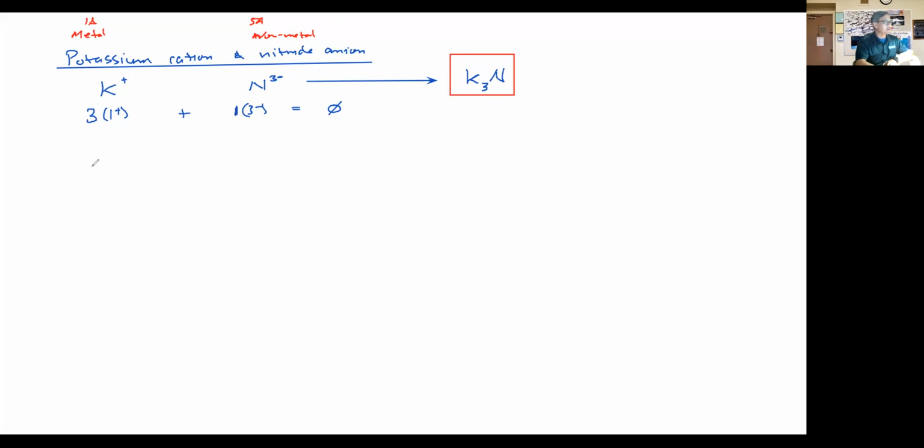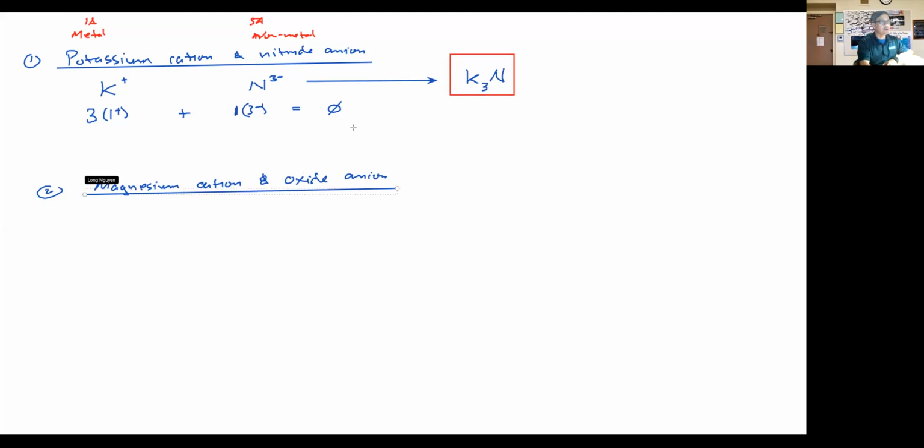What's the formula for the compound that will form between the magnesium cation and the oxide anion? Let's take a look at the formula for the compound that will possibly form between these two ions here.